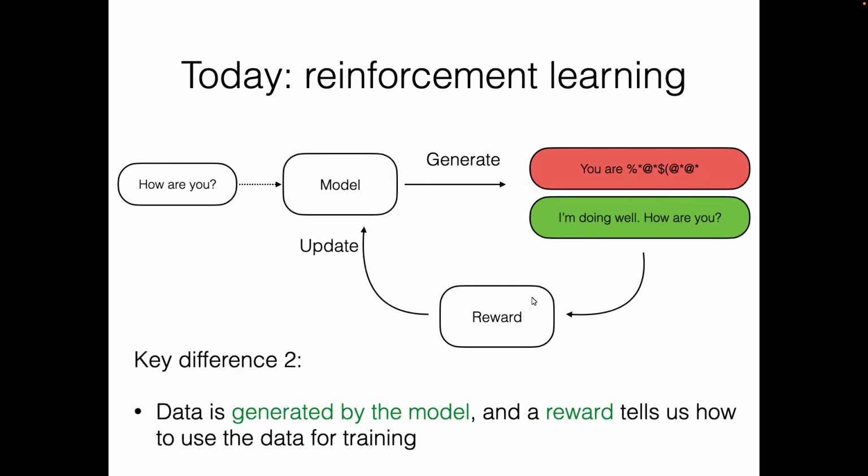Second, the data is now being generated by the model, or at least the outputs, and so this lifts the constraint on needing human written data. And the reward function even tells you how to use it. Should you use it to increase this type of behavior, or should you penalize this type of output or behavior?